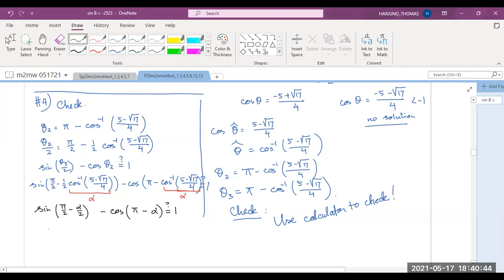But this is actually sine of pi over 2 minus something, which is cosine alpha over 2. And then cosine of pi minus a quadrant 1 angle will be in quadrant 2. Quadrant 2 is negative, so this becomes plus cosine alpha equals 1. Does it equal 1?